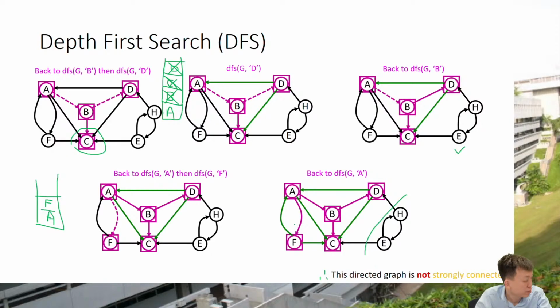How do we keep track of the visited nodes? Yeah, you need another array to indicate whether they are visited or not visited.